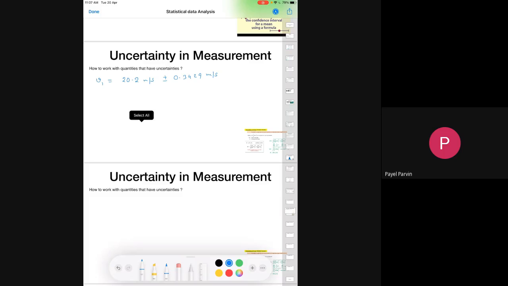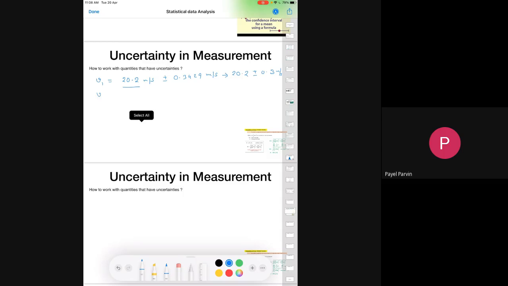Now, what is the problem with this? The problem is that you have reported the mean to one decimal place and you have reported the error to a larger precision. So this is not possible. If your actual measurement is to a lower precision, your uncertainty cannot be to a higher precision. So you should report this as 20.2 plus minus 0.3 meter per second. So that is a consistent representation.